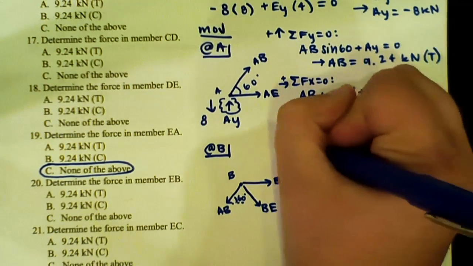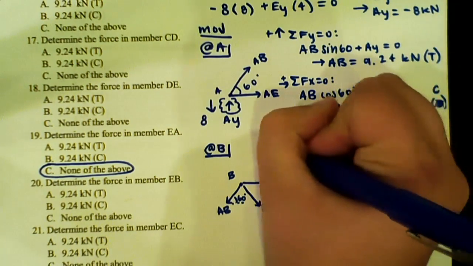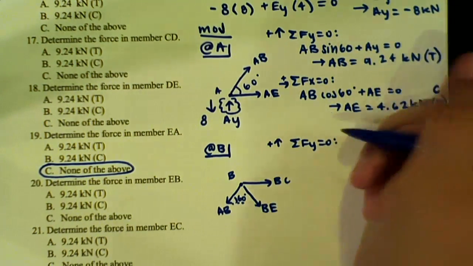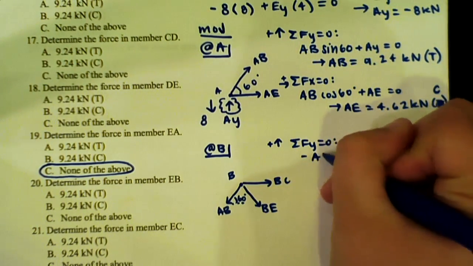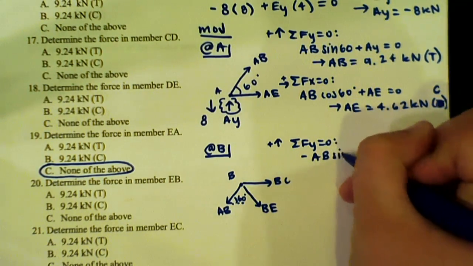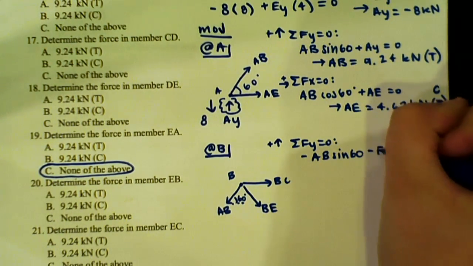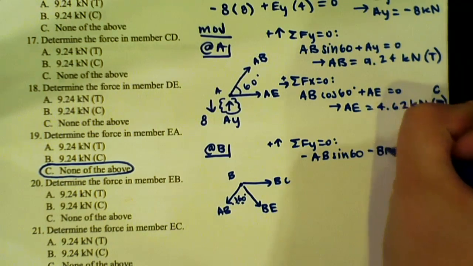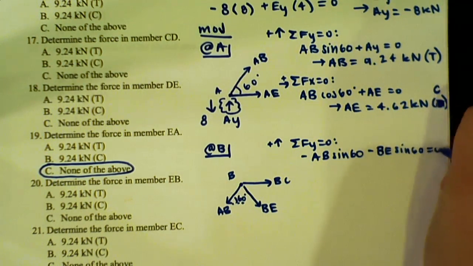So, doing the sum of the forces in the y direction, with positive going upwards, we have negative AB sine 60 minus BE sine 60 equal to 0.